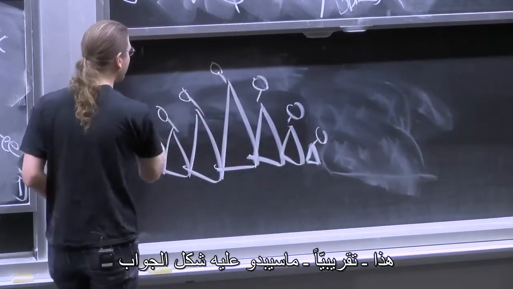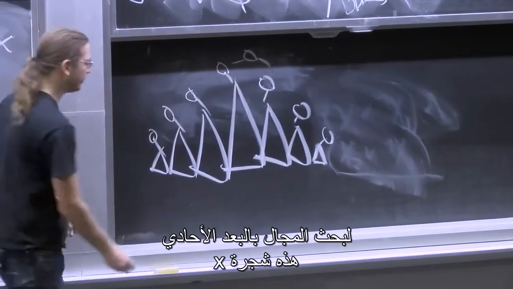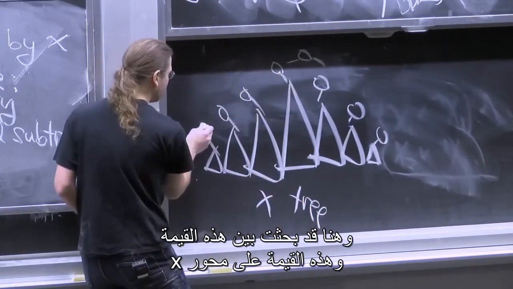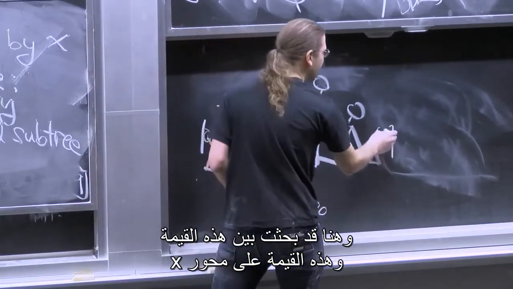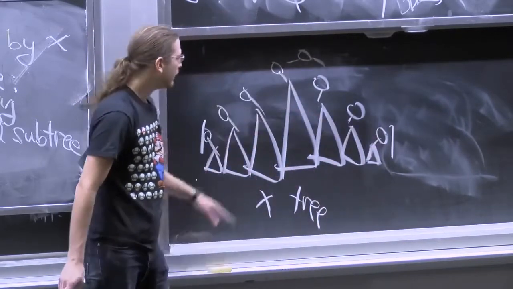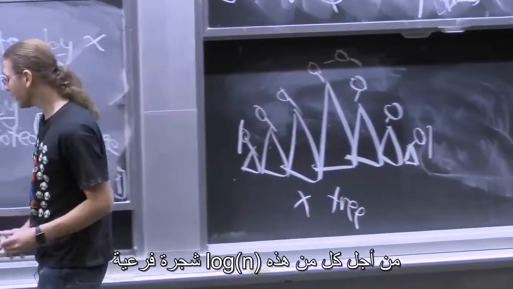This is roughly what the answer looks like for the 1D range search. Here, this is the x tree, and here I've searched between this value and this value in the x coordinate. Basically, I have log n nodes. I'm going to check those separately. Then I also have these log n subtrees.